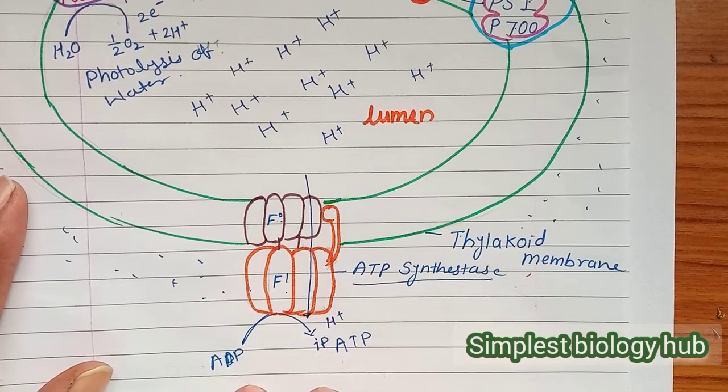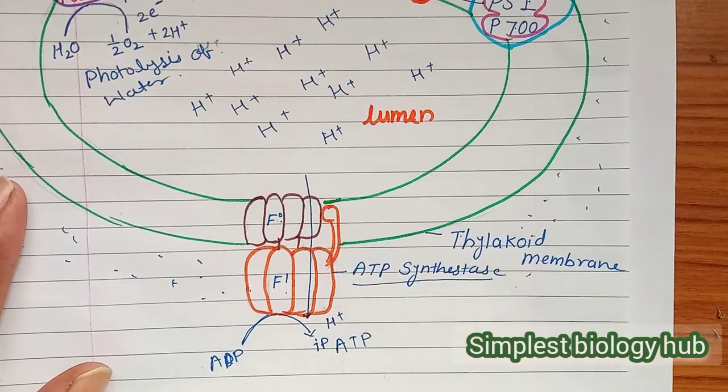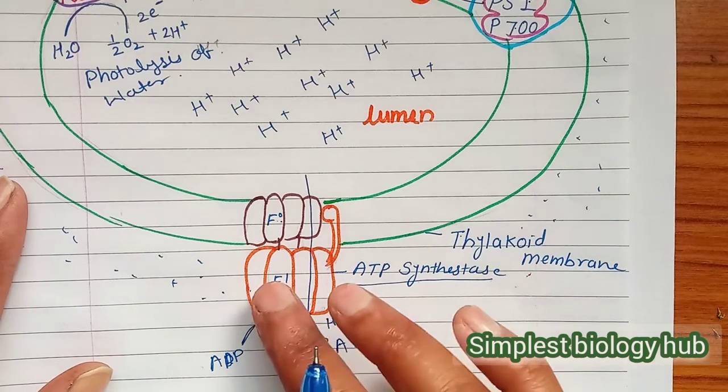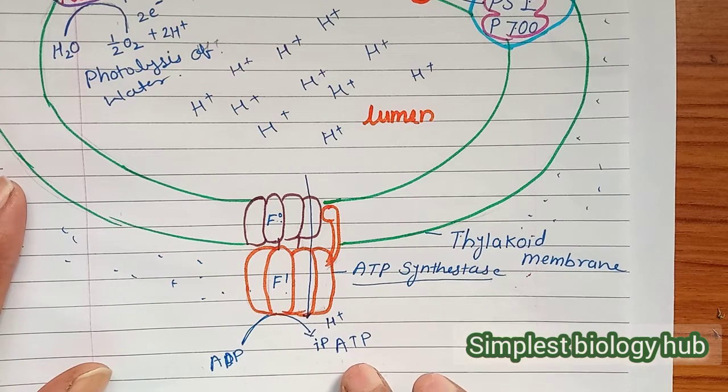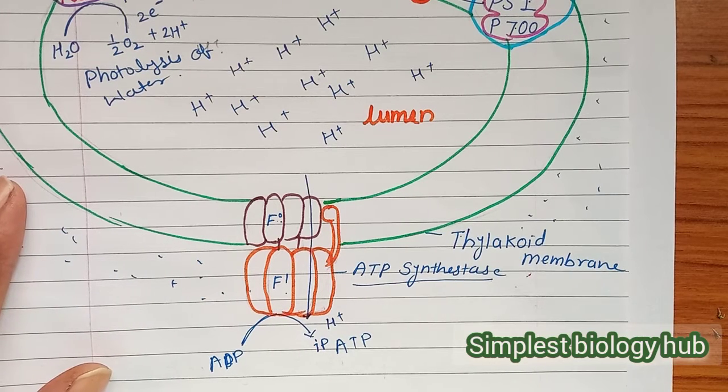This ADP actually comes from the dark reaction, and it combines with one inorganic phosphate and converts into ATP. After that it again goes to the dark reaction for the next process of the dark reaction.